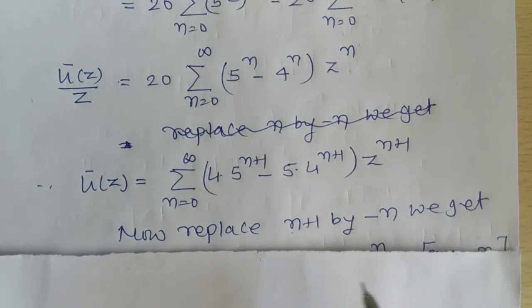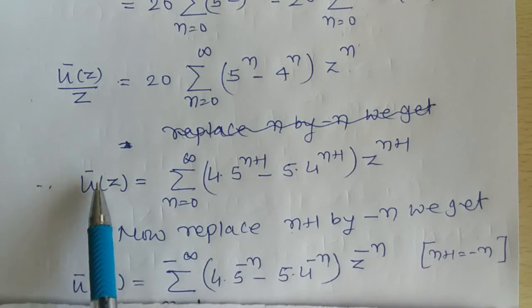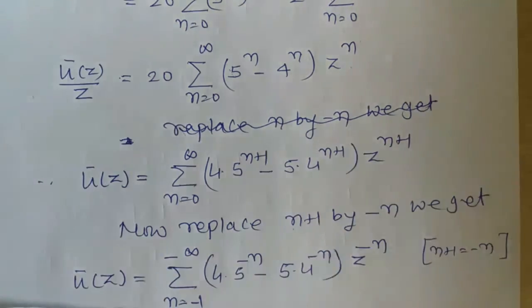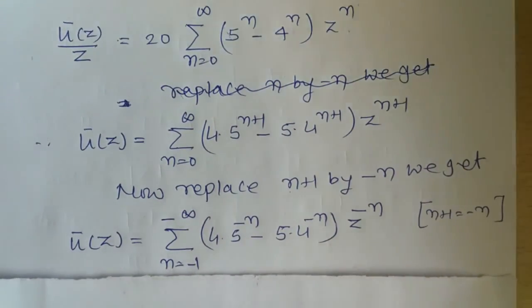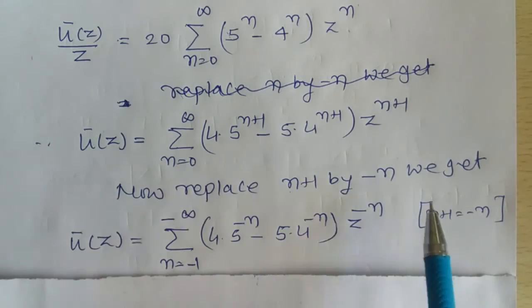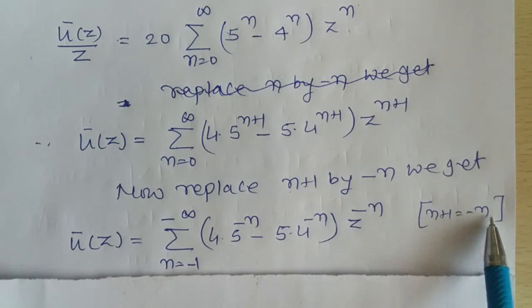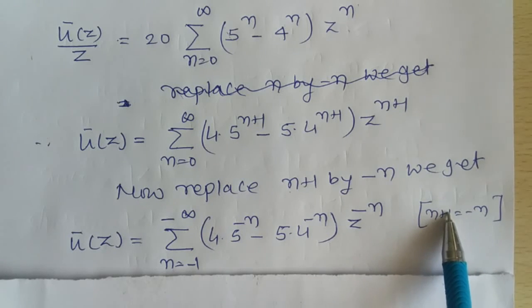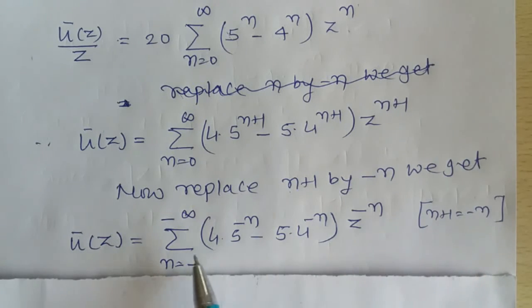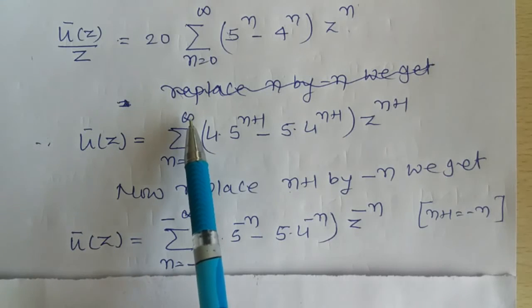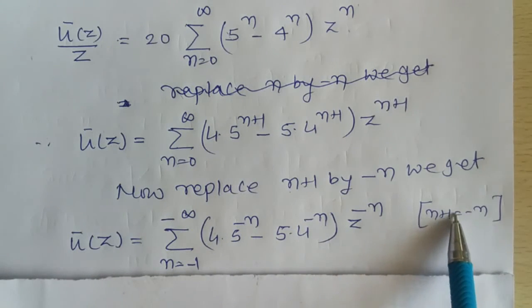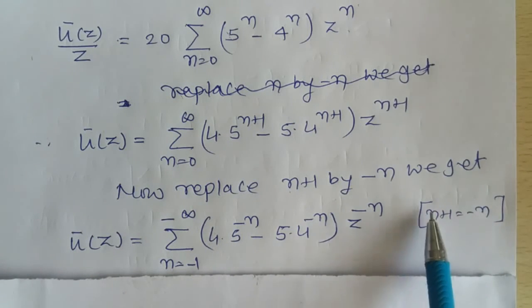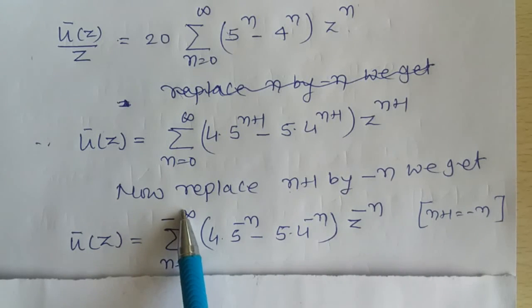So now replace n plus 1 by minus n, we get U bar z equal to summation, as n plus 1 is replaced by minus n. So for n equal to 0, we get 1 equal to minus n, that is n equal to minus 1. And for n equal to infinite, we get minus n equal to infinite, so n equal to minus infinite.